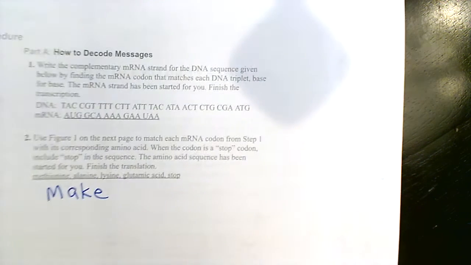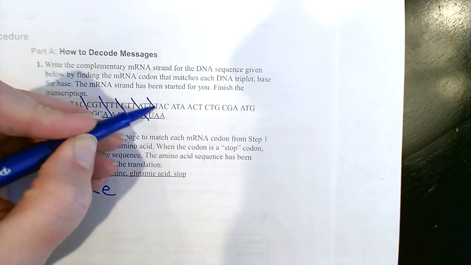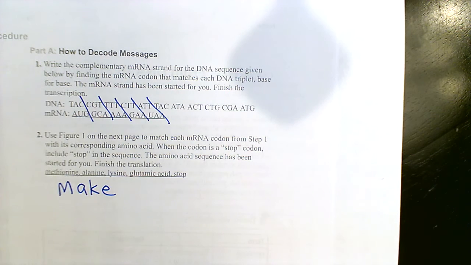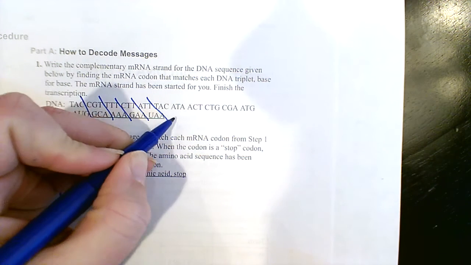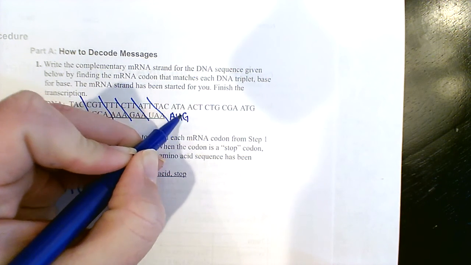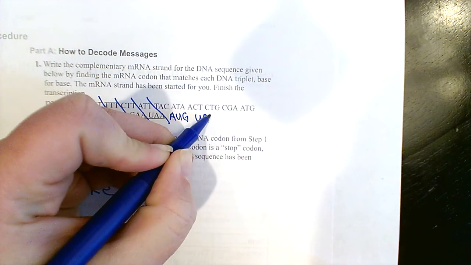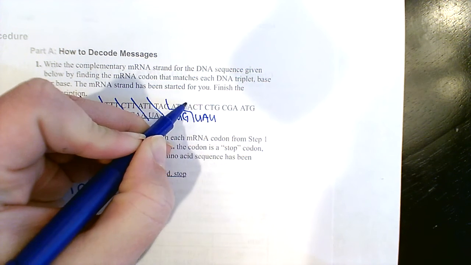Let's finish this one. I would encourage you to find some way to keep your 3 letters straight from each other. So TAC would be AUG. ATA would be UAU.